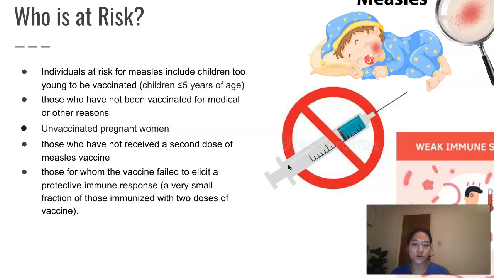Others at risk include unvaccinated people who can't be vaccinated for medical reasons, which we will get into later. Also unvaccinated pregnant women, those who have not received a second dose of the measles vaccine, and those who have gotten the vaccine but aren't immune to it because of their immune system.